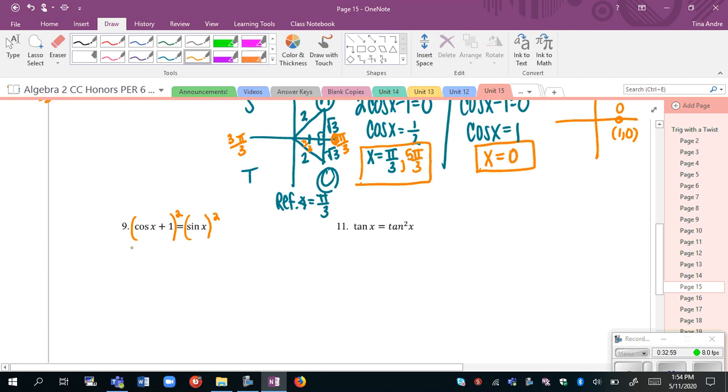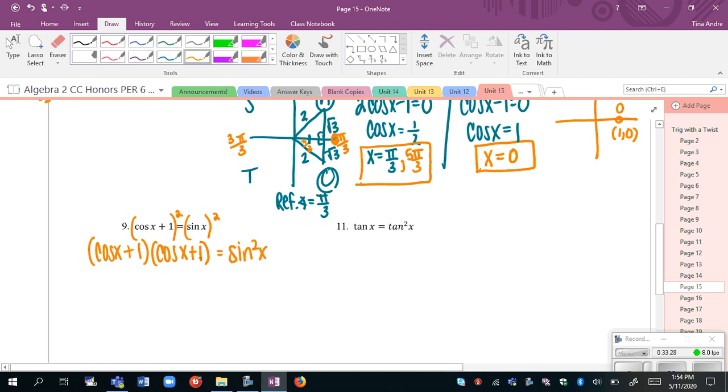That's totally fine. So what I'm going to do is square this. Let me just write it out since we're dealing with cosine and not just regular variables here. Cosine x plus 1 times cosine x plus 1 is equal to sine squared of x.